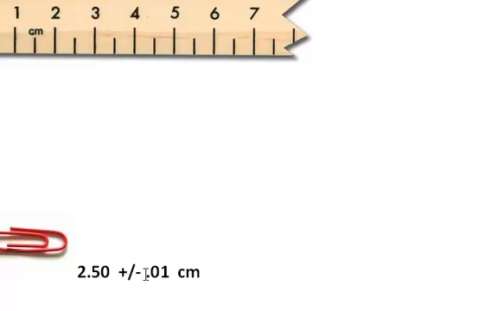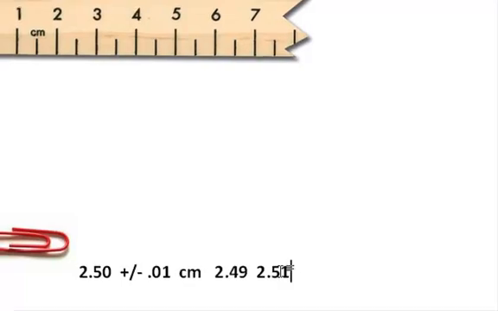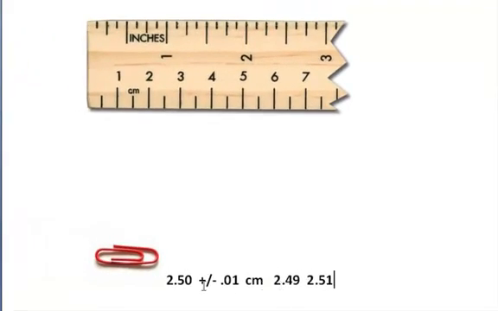Well, that tells a person that the measurement is somewhere between 2.49 and 2.51. You see, if I subtract a 0.01, I get this number, and if I add a 0.01 to the original measurement, I get this number. We don't know exactly how long the paperclip is. We just know it's somewhere between 2.49 and 2.51.